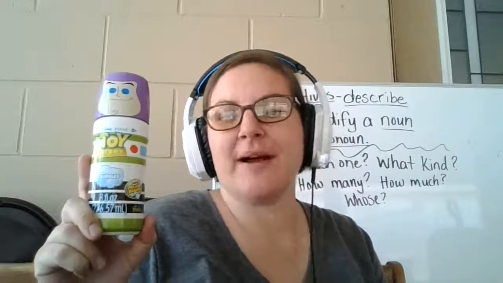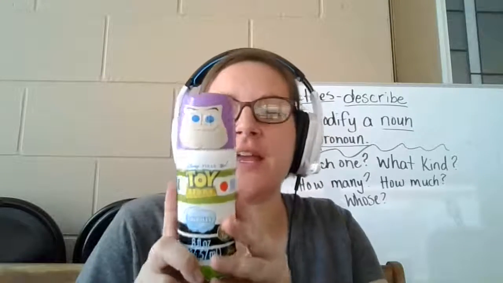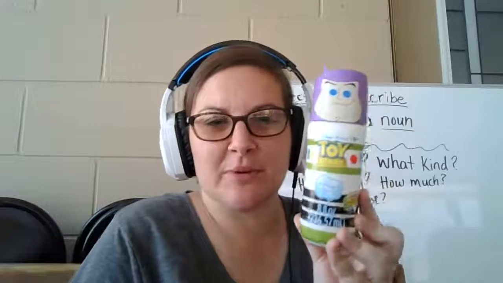You wouldn't say it's mine, but you could say that it has purple on it, it has white on it, it's small, it looks like Buzz Lightyear. It's supposed to be Buzz Lightyear. That it has numbers on it, there's a cloud on it, has green, good.